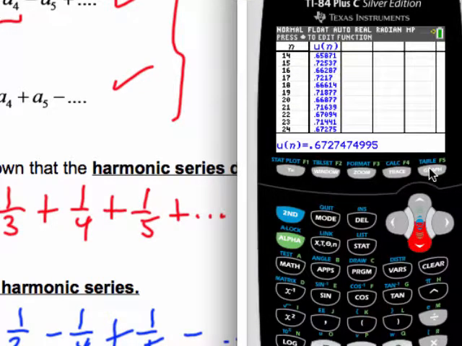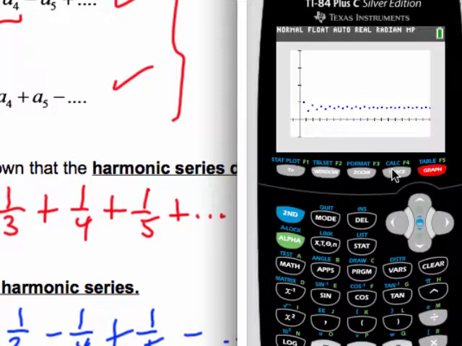Let's look at it graphically. As n, or I'm using k in my formula, is getting larger, my y value is my sum. My sum is narrowing in on something, something between 0.6 and 0.7.